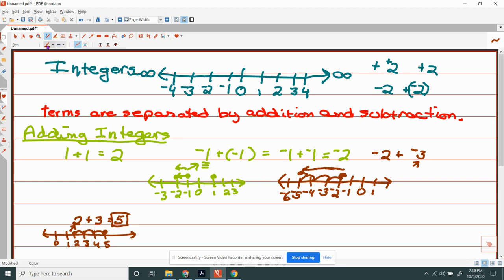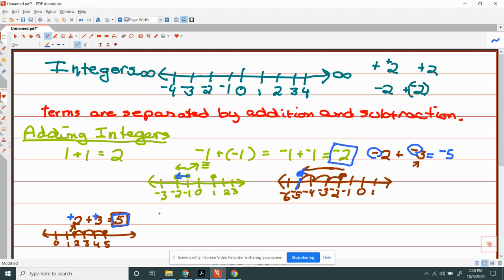Let's think about that and let's get another color. Here we have an invisible positive and an invisible positive, and they made a positive 5 when we added them together. Here we have a negative and a negative, and when we added them together, they equaled a negative 5. When we added the negative 1 to the negative 1, it equaled a negative 2.